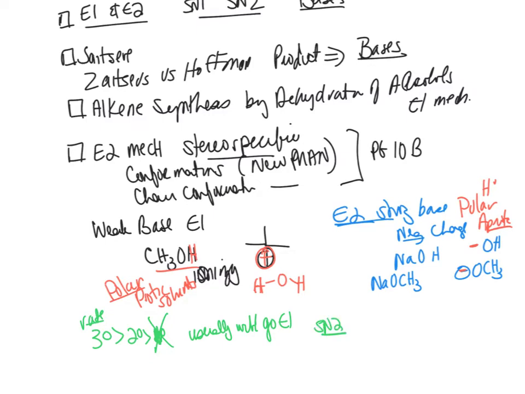Okay, SN2 is going to happen on something like that, or E2. Kinetics, you should know your rate laws by now. For E1, the rate is proportional to the alkyl halide. For E2, the rate is proportional to your substrate and your base.